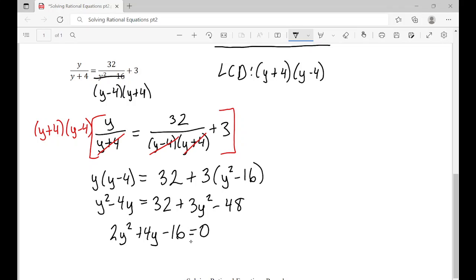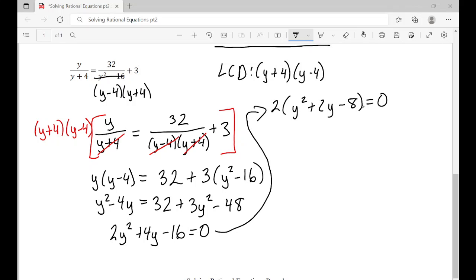I have a GCF of this whole equation, so I'm going to factor out a 2. So I'm going to give myself more space and move it over here. So 2y squared plus 2y minus 8 equals 0. Can factor out this quadratic, and I'm going to get y plus 4 and y minus 2.